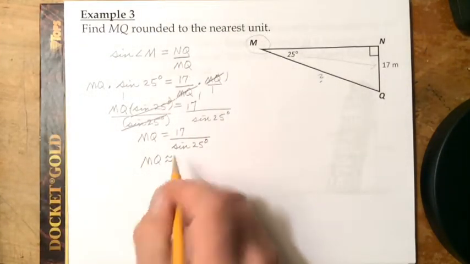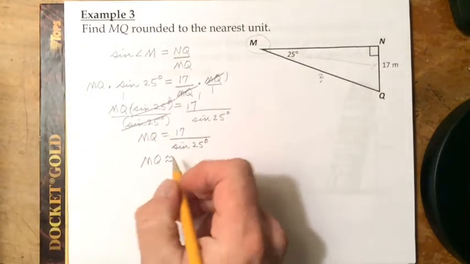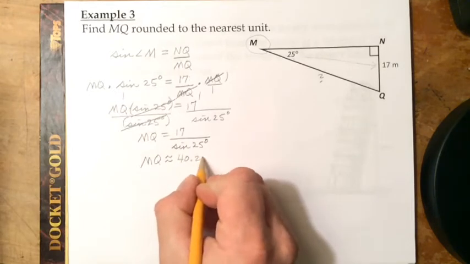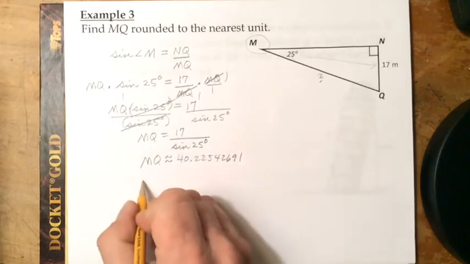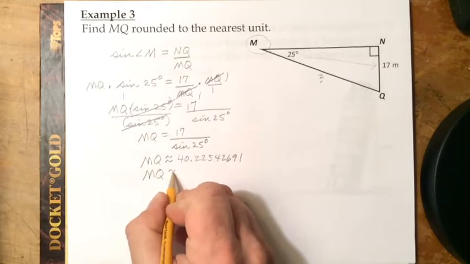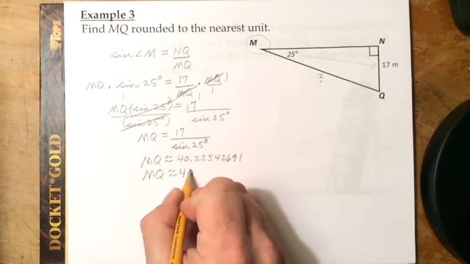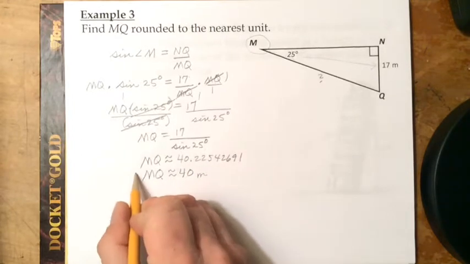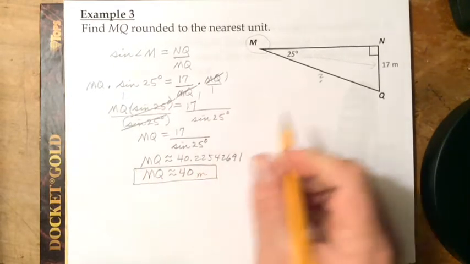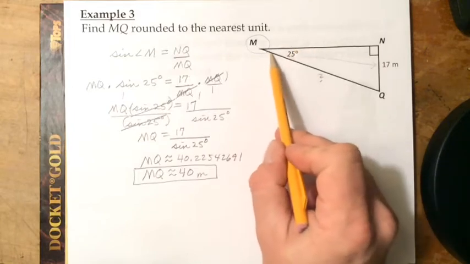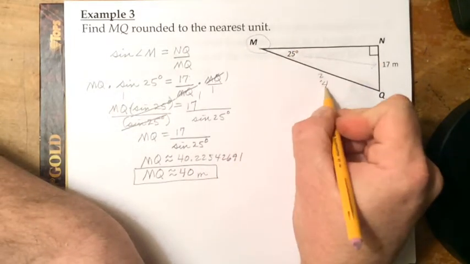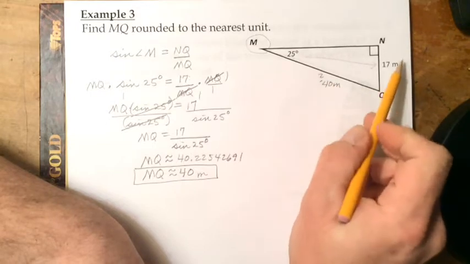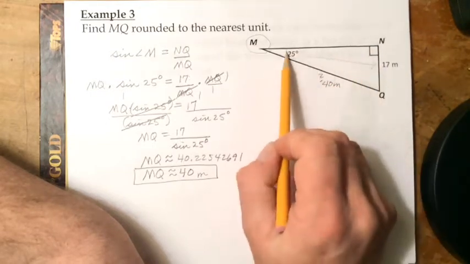We get about 40.225426991 and so forth. We round to the nearest unit, so that's going to be about 40 meters. So this side right here, the hypotenuse of this triangle, is about 40 meters long. And all we had was this side right here and this angle.